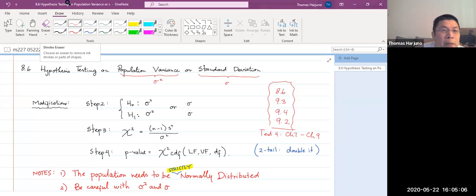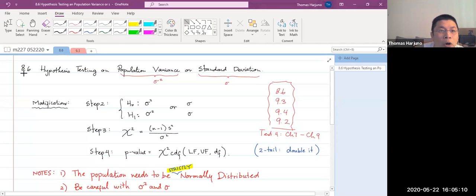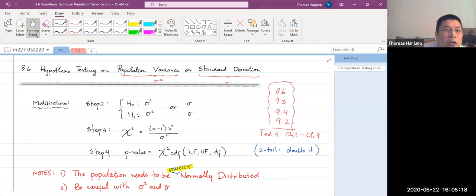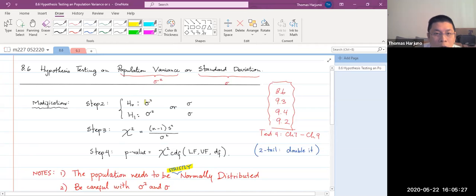Okay, like for example, on this hypothesis testing on population variance or population standard deviation. First modification, on the hypothesis, the null hypothesis and alternate hypothesis, therefore, will be on sigma squared or on sigma, depends on the wording of your step 1.